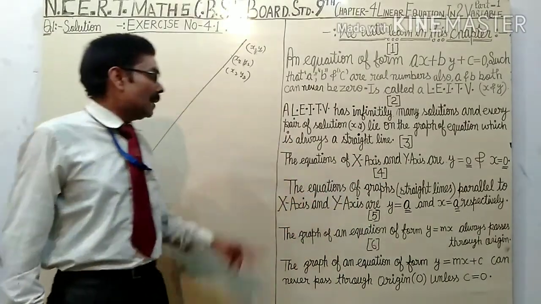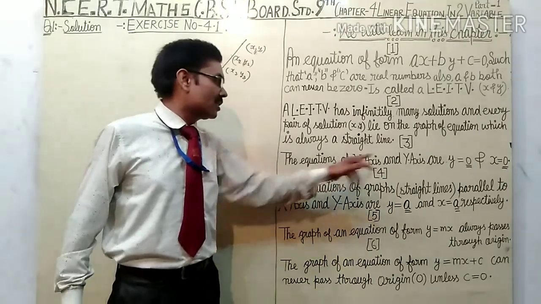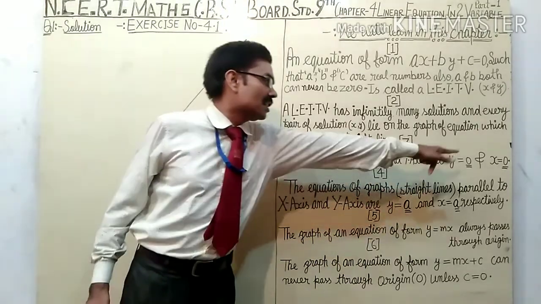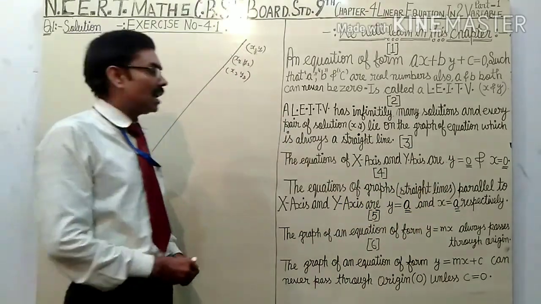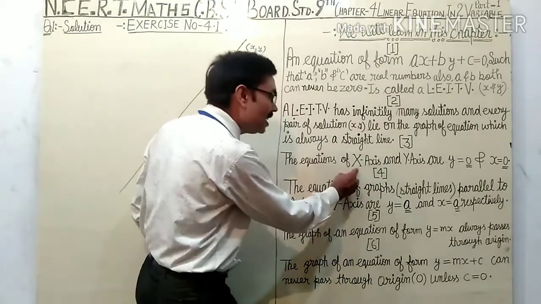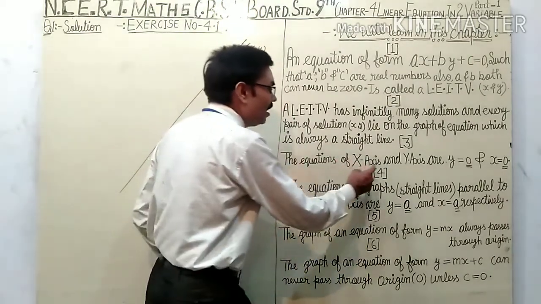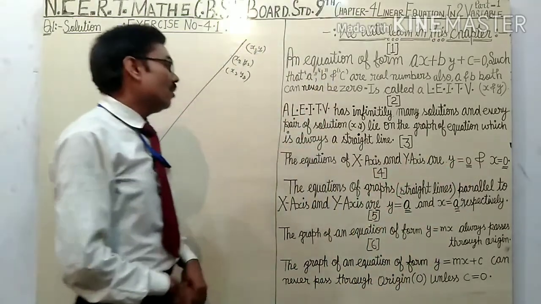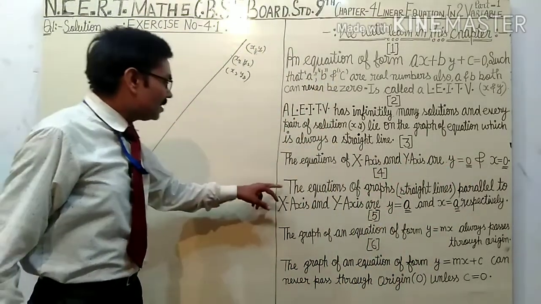If someone asks you the equation of the y-axis, just opposite to y, you have to tell x equals 0. So the equation of the x-axis is y equals 0 and the equation of the y-axis is x equals 0. Now you understood completely.